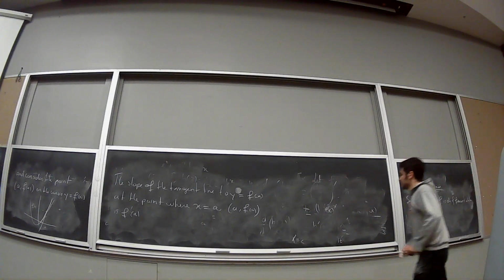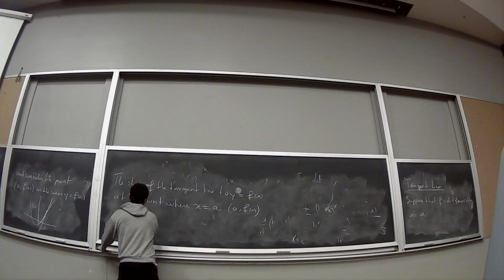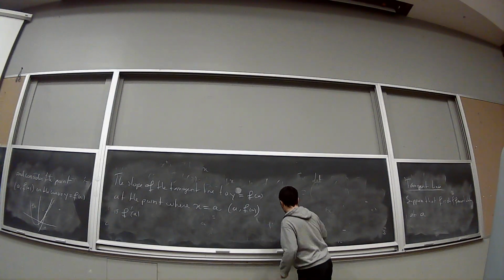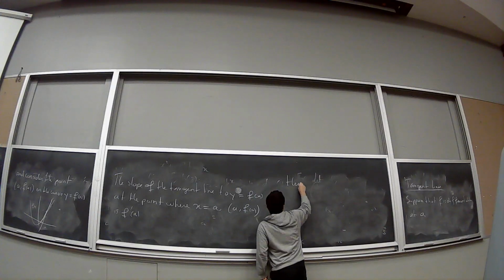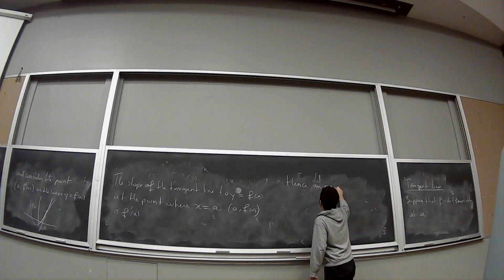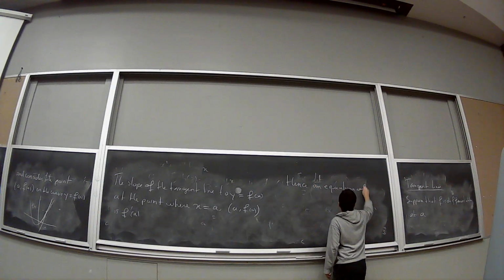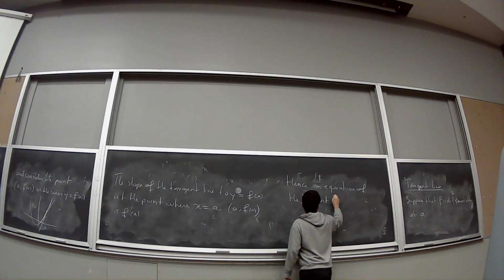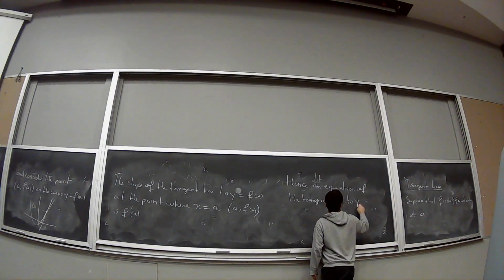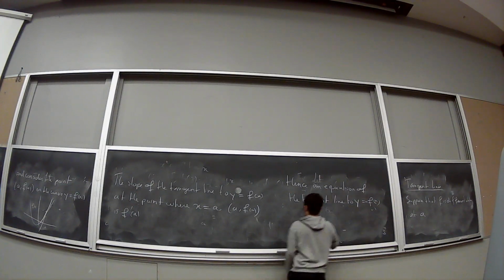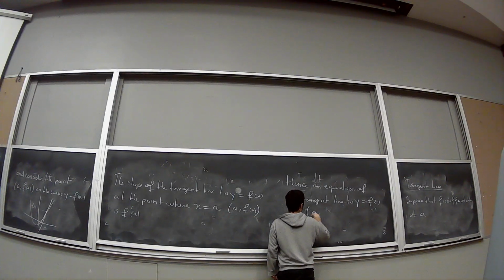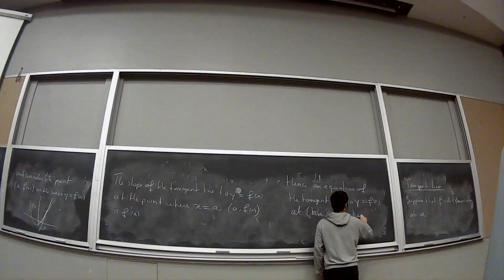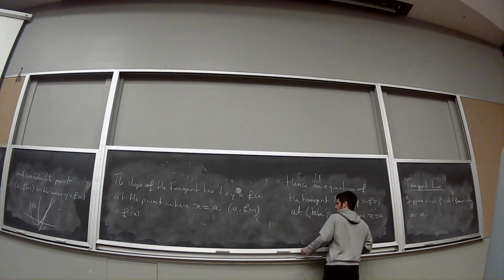So if I have the slope, what is an equation of the tangent line to y equals f of x at the point where x is equal to a? What is that?